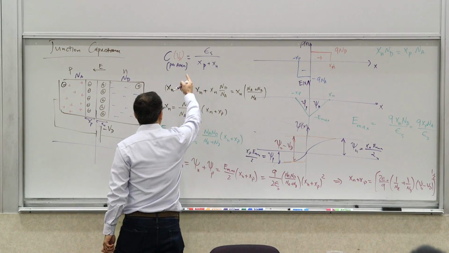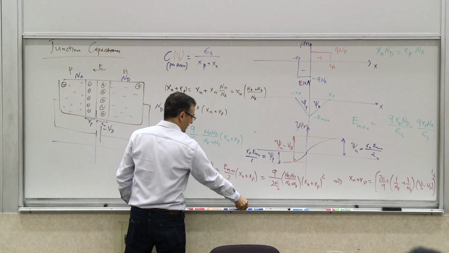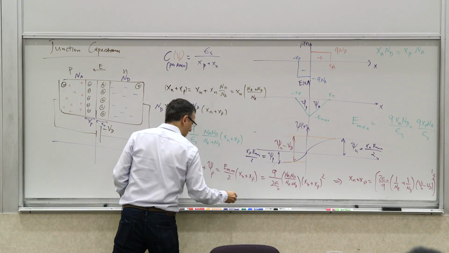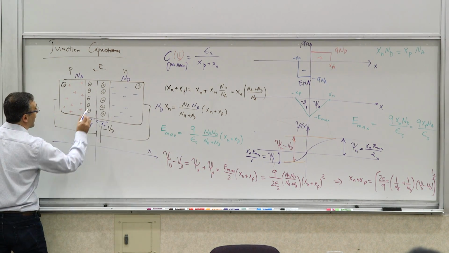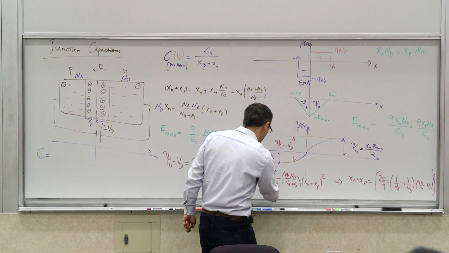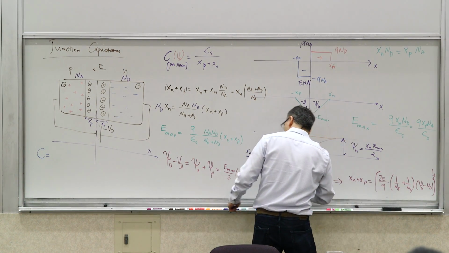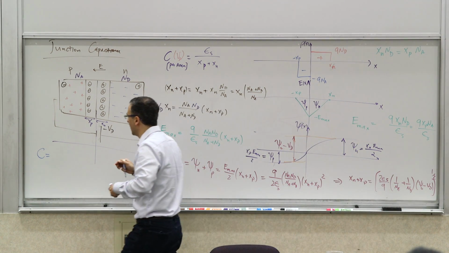And then we plug it into that thing, and then you get your capacitance. So our capacitance is epsilon silicon divided by that. Not epsilon 0, sorry, epsilon silicon, or epsilon semiconductor, more accurately, not silicon necessarily.